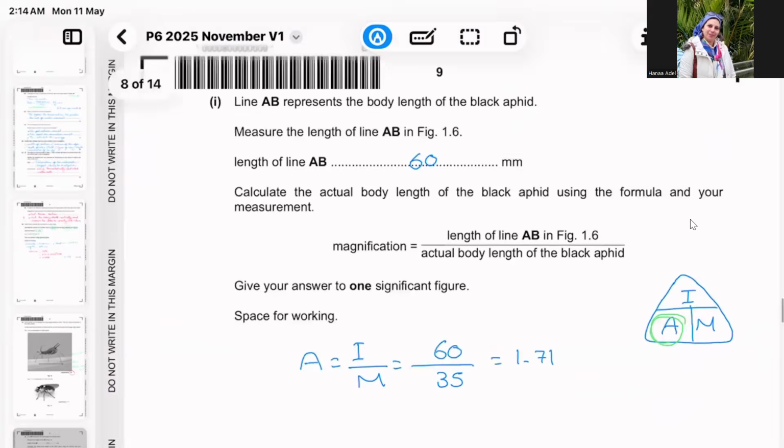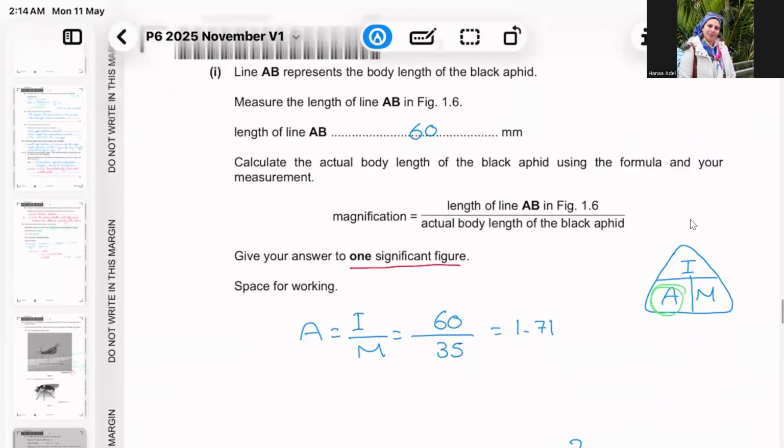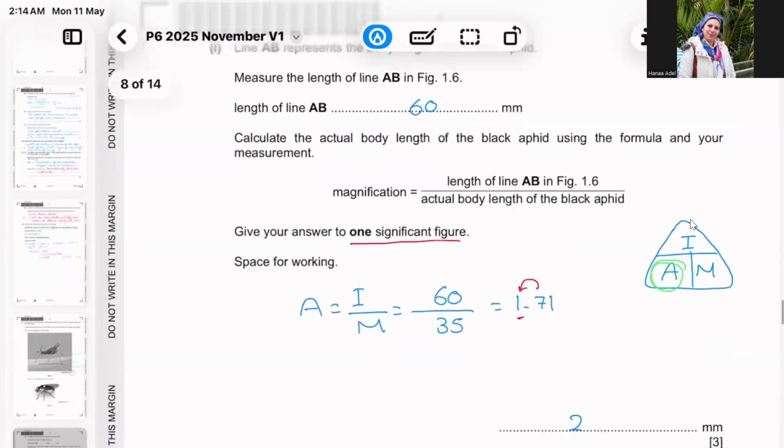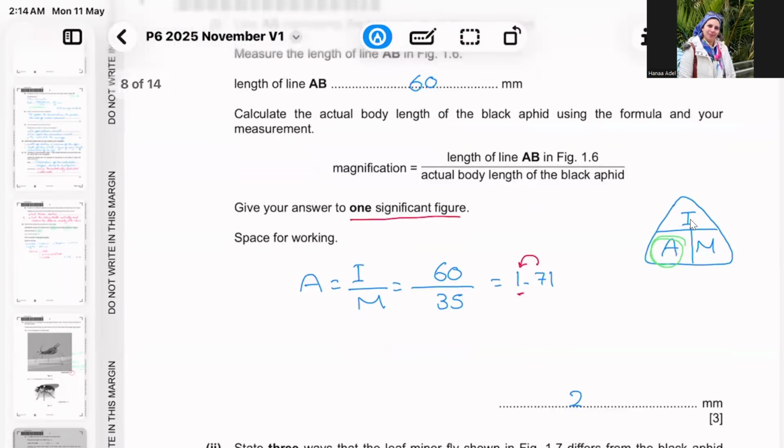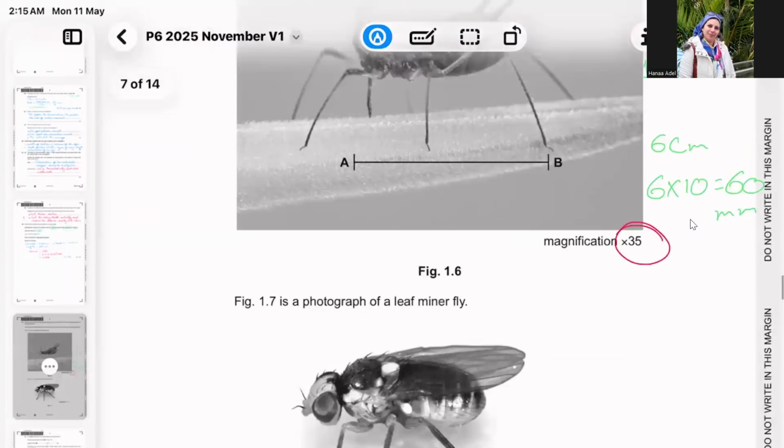But the question asks for one significant figure, and the 7 is more than 5, so it becomes 2 millimeter. And don't forget, sometimes they don't give us the measuring unit, so don't forget to write millimeter for the image or the actual length. And if the question asks about the magnification, don't forget to write times.